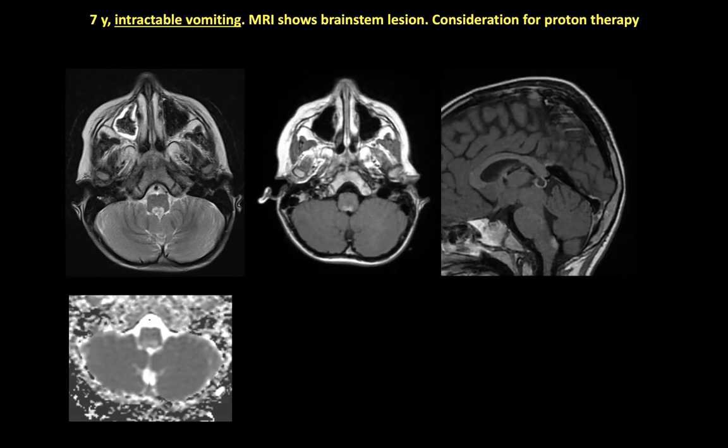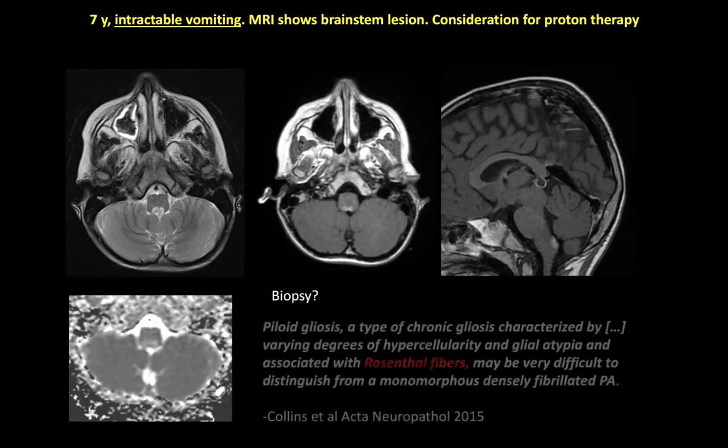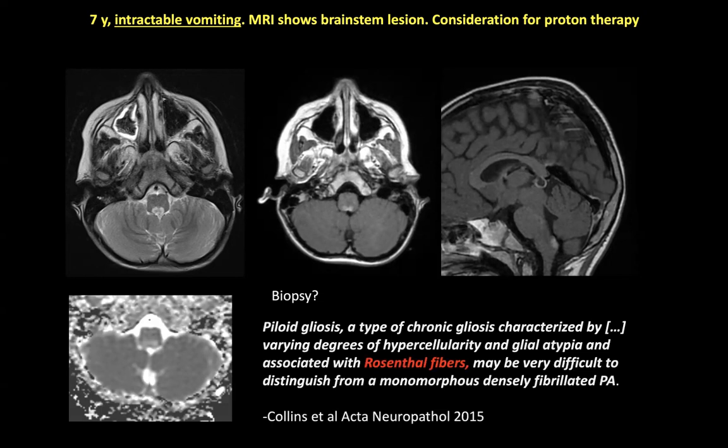Now, if you know the histology of Alexander disease and the histology expected in low-grade glioma, both can have Rosenthal fibers, and you will have a very small biopsy because this is a very critical area. So if you think it's a tumor, you tell your surgeon to biopsy it, the pathology will see Rosenthal fibers and say, well, it can still be compatible with a pilocytic astrocytoma.